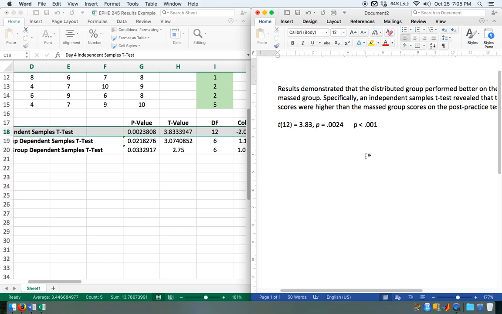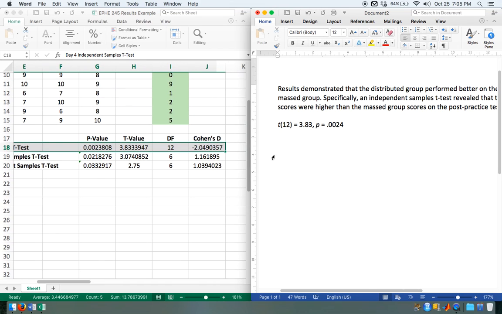You actually have to report the exact p value now, and in the rubric that we're going to post, you're going to see that that is one of the criteria, to report the actual statistic there. So what we have is our t value, our degrees of freedom, our test, and our p value.